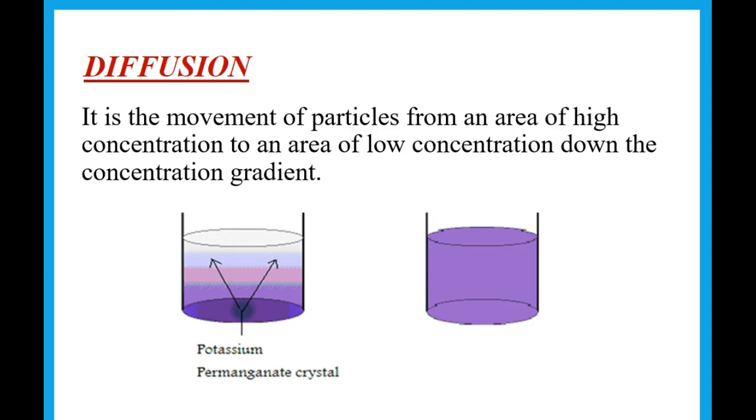Now, the other side of the water in the beaker has very, very low amounts of potassium permanganate, so we say that is an area of low concentration. The gradual change in concentration from the area of high concentration to area of low concentration is called the concentration gradient. So the particles move from area of high concentration to area of low concentration until what?